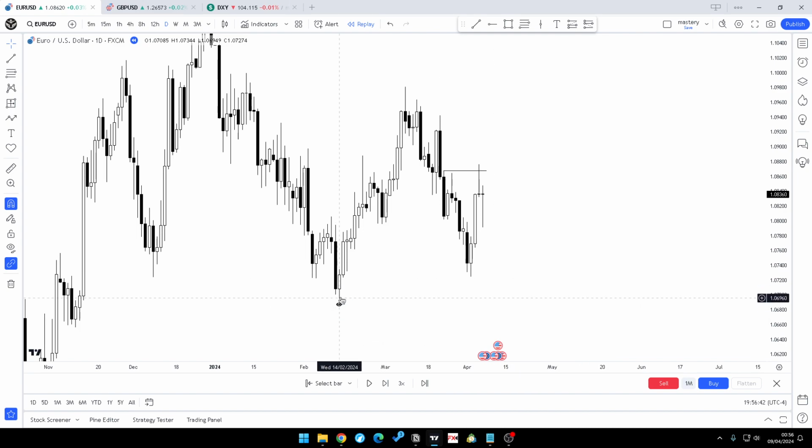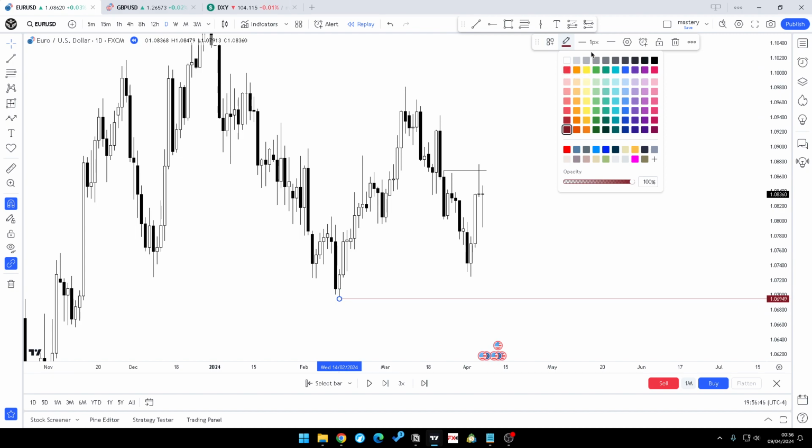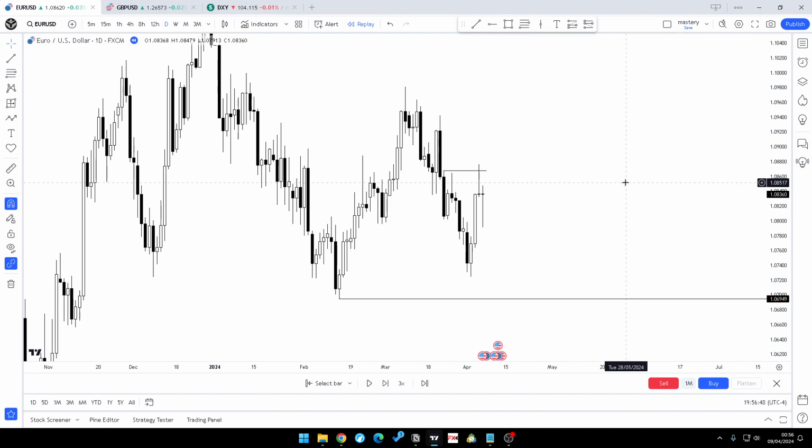This was mine. I'm going to draw this horizontal line, meaning that after Tuesday made this low, I was inevitably looking at Tuesday low. I think I mentioned on Wednesday, looking for lower prices but aware of current market conditions.